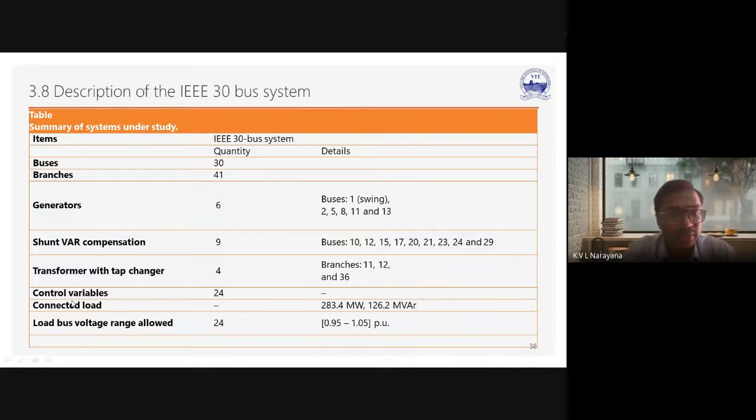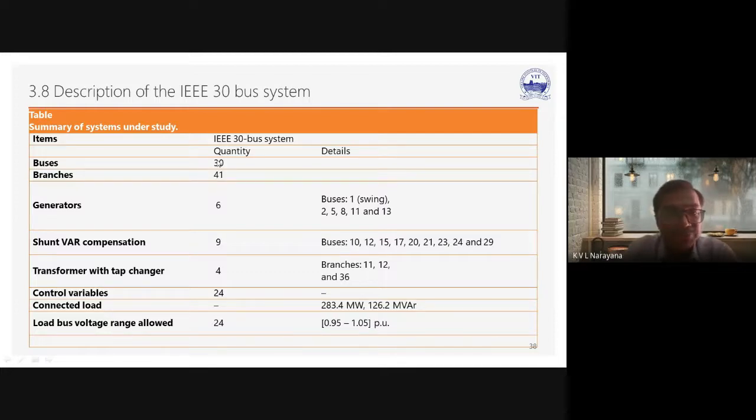The tap changers are connected at the branches 11, 12, 15 and 36. And there are 24 controlled variables. I am going to show what those controlled variables are. The connected load is assumed as 283.4 megawatt, and the reactive load is 126.2. The bus voltage is to be maintained between 0.95 and 1.05 per unit. If the base voltage is 220, then the bus voltages are to be maintained between 215 and 225 volts.